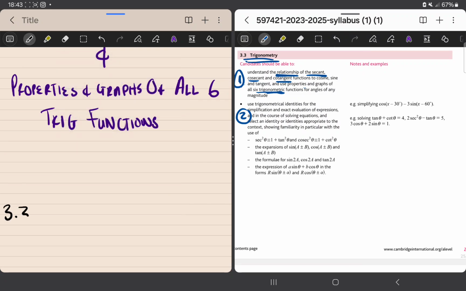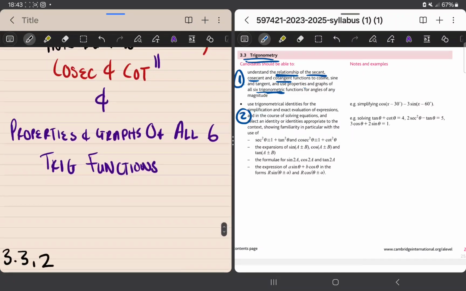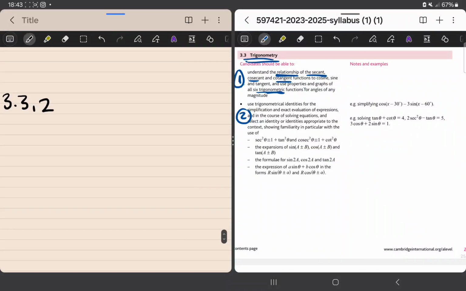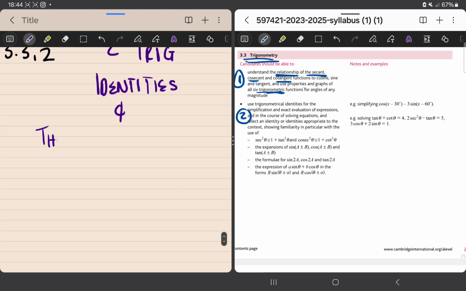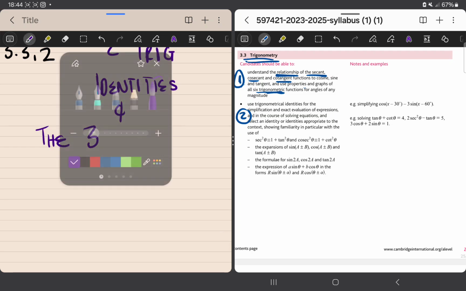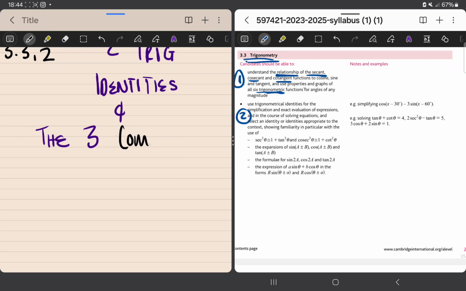Now then we do 3.3.2. Okay, we were at 3.3.1. Now we are at paper 3, topic 3, the second thing. What is it about? It is about 2 things. Number 1, it is the 2 trig identities, and we can say using the 2 trig identities and the 3 compound angle formulae.